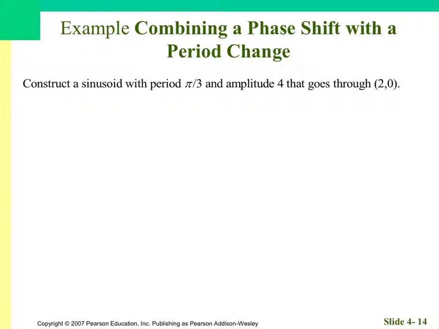Construct a sinusoid with period of pi over 3 and amplitude of 4 that goes through 2, 0. Okay. So the amplitude of 4, that means it increases by going up 4 and down 4.